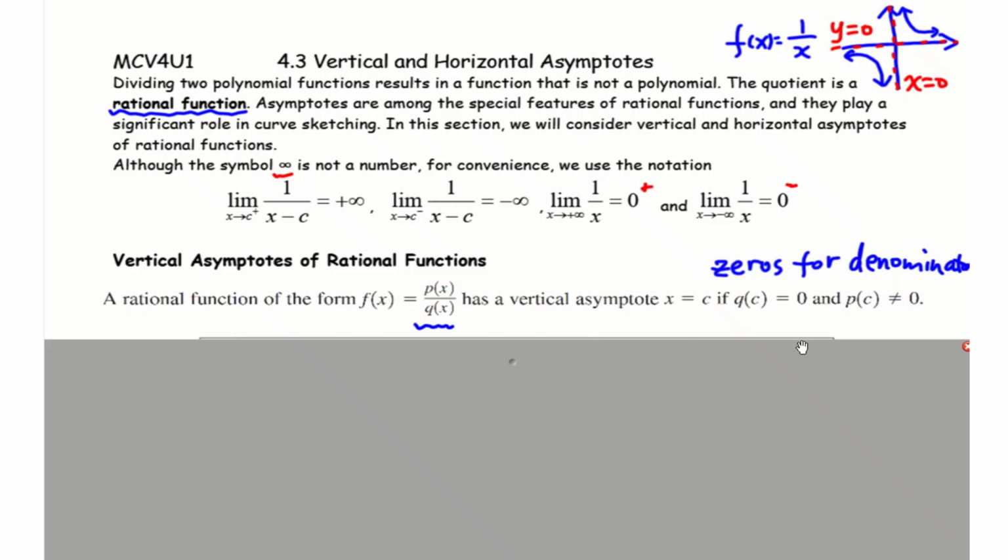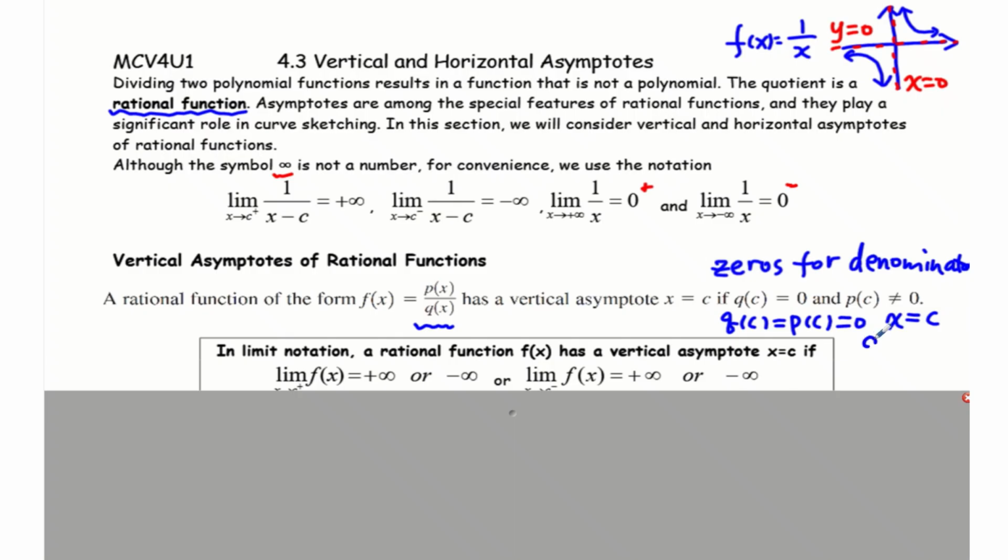The reason for that is if both q(c) equals 0 and p(c) equals 0, then we can cancel that 0 out. We call that a hole. So if q(c) equals p(c) equals 0, then x equals c is a hole. At x equals c, you will find a hole, so it's not a vertical asymptote.